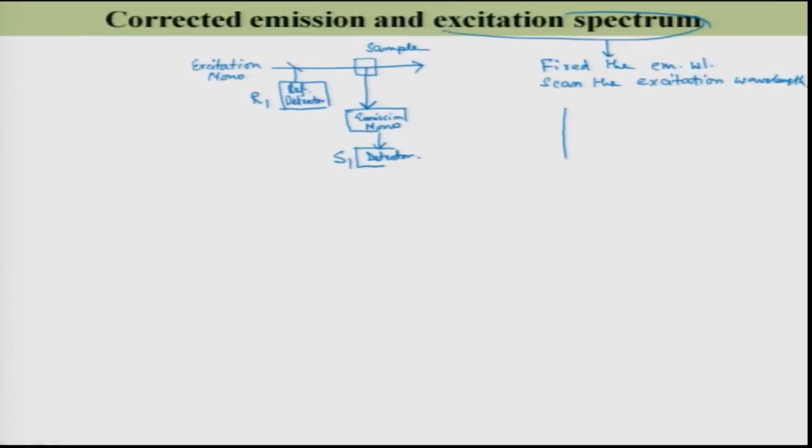Then what you plot is the intensity of emission at that desired wavelength where you have fixed it, intensity of emission at lambda emission, versus lambda excitation, which you scan in the excitation monochromator.